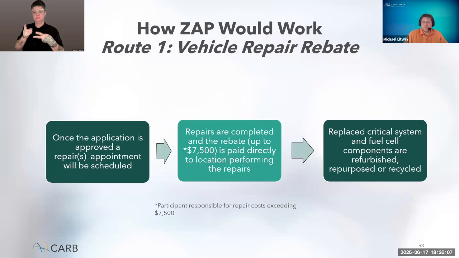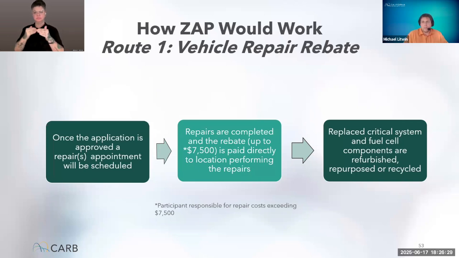Once the applicant is approved, a repair appointment is scheduled. Repairs are completed and the rebate is paid directly to the location doing the repairs, including parts and labor. Participants are responsible for any repair costs exceeding $7,500.